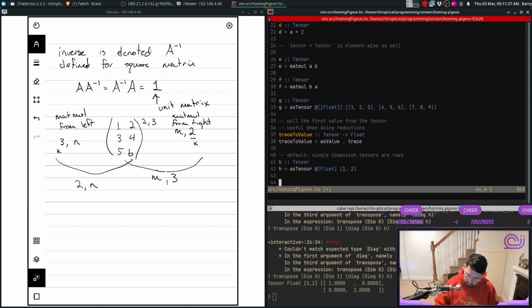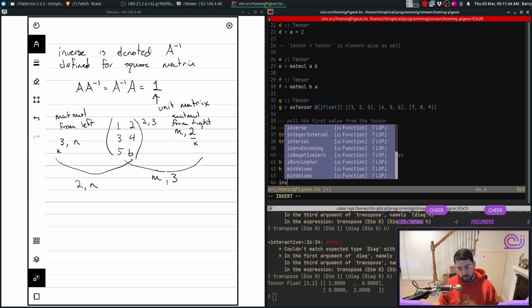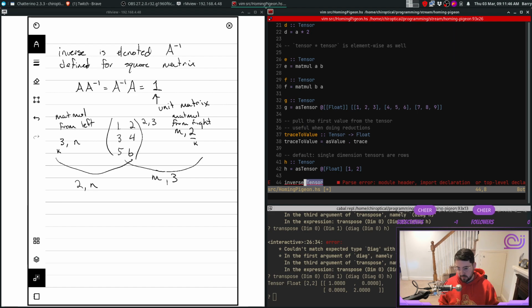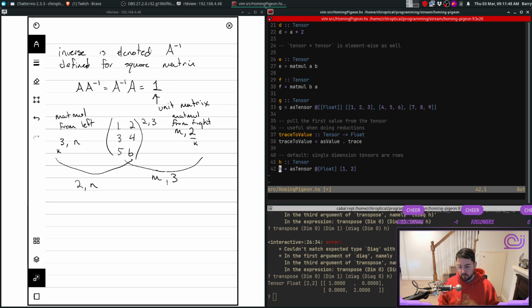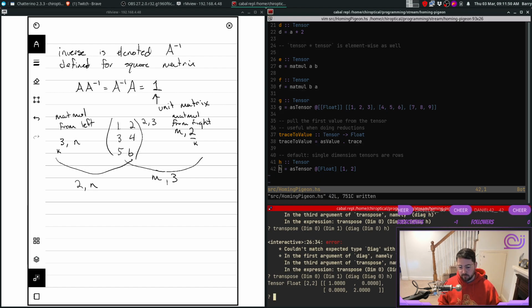I don't know how inverses work in Torch, so let's check it out. Let's try to invert G, if that's even a thing. Inverse. It is a thing. What does it take? Just a tensor. So what if we invert G?